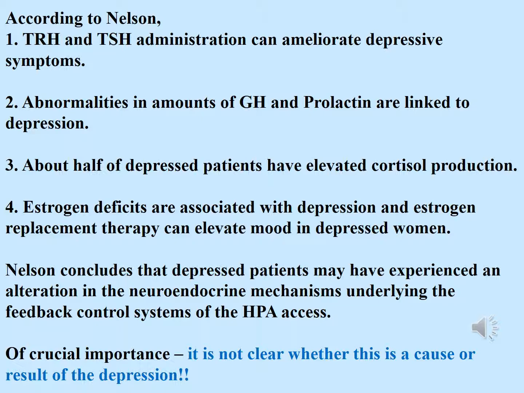Nelson concludes that depressed patients may have experienced an alteration in the neuroendocrine mechanisms underlying the feedback control systems of the HPA axis. Of crucial importance, it is not clear whether this is a cause or a result of the depression.